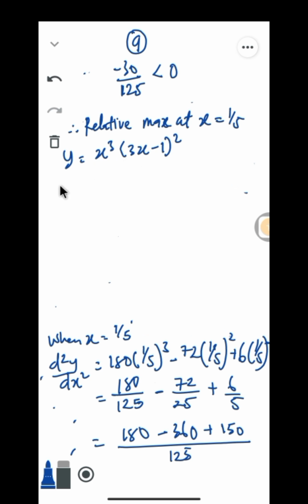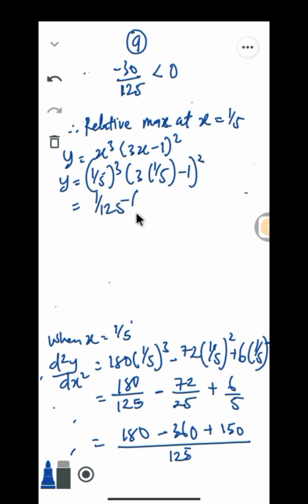So y will now be equal to 1 over 5 all cubed into 3 into 1 over 5 minus 1, all squared. This becomes 1 over 5 cubed is 1 over 125, into 3 into 1 over 5 is 3 over 5, minus 1, all squared.